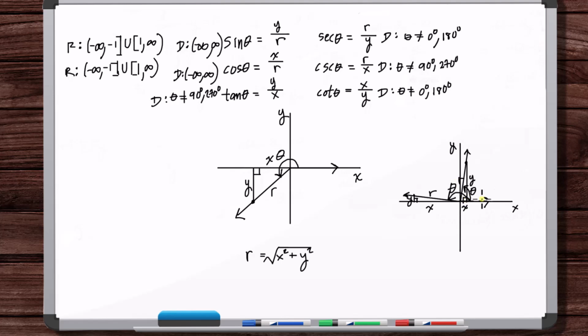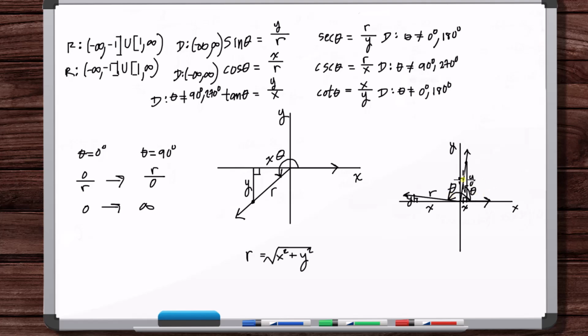And what's y doing? Y is increasing towards r. So at theta equal to 0, y is 0 and x is r. And then at theta equal to 90, you're making a transition to r over 0. Well, r over 0, that's infinity. So you've gone from 0 to positive infinity, right?